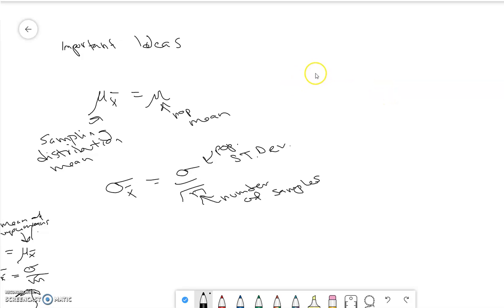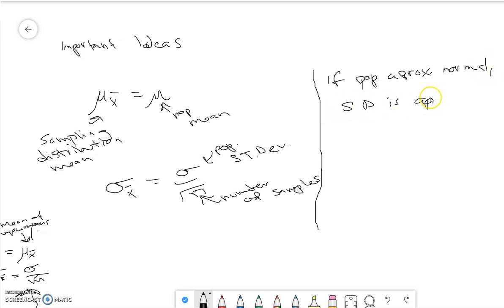Then, regarding what is normal, we saw that if the population is approximately normal, our sampling distribution is approximately normal.